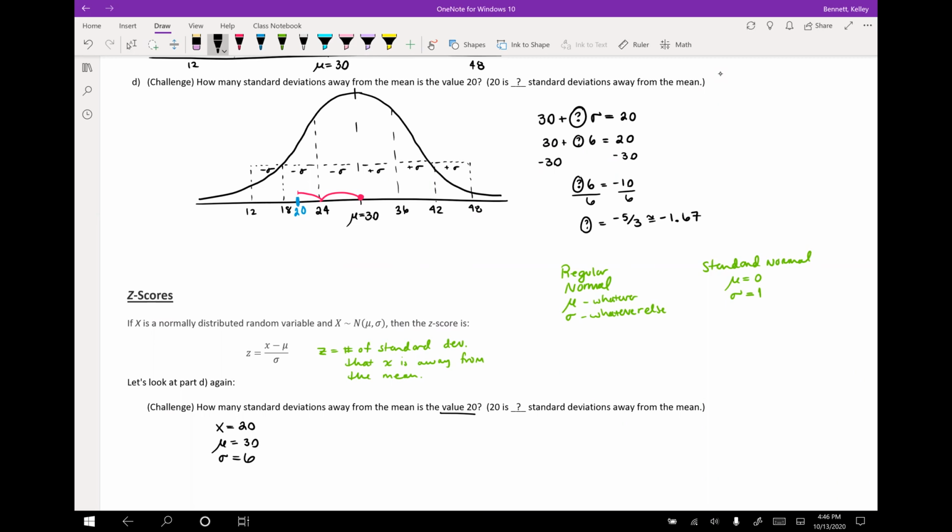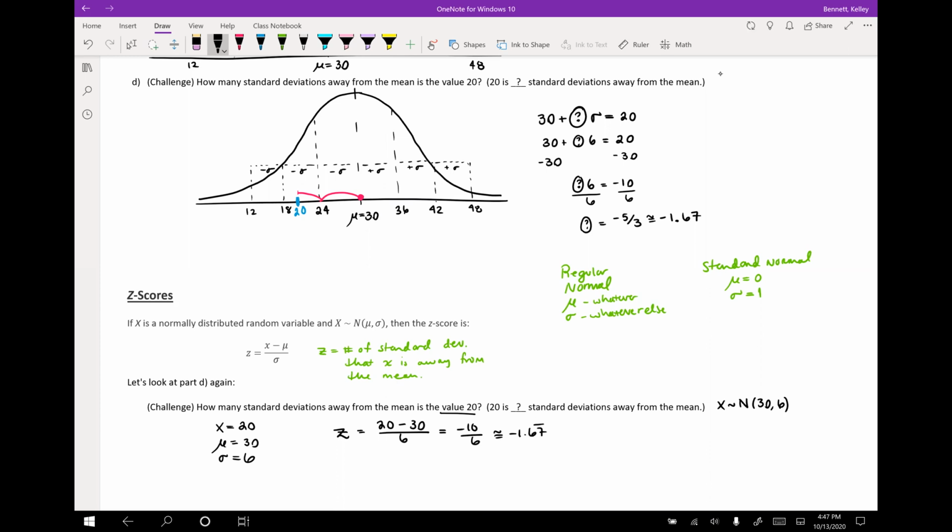Remember that X was following a normal distribution with mean 30 and standard deviation 6. So if I want to know how many standard deviations 20 is from the mean, I can just plug it into this handy formula. I've got 20 minus 30 over sigma, which is 6. Again, we'll see that this is negative 10 over 6, approximately negative 1.67.